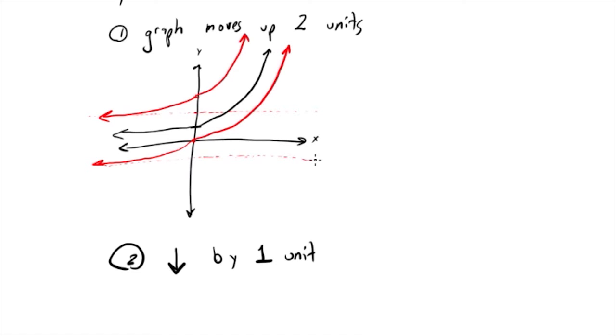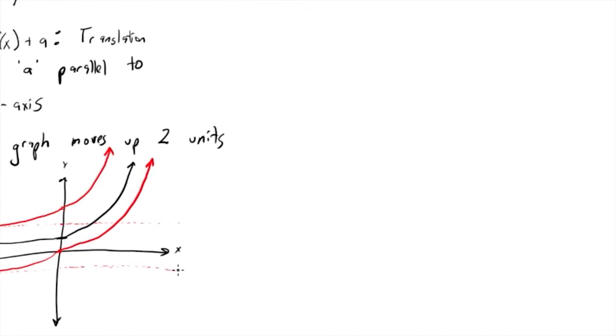So then we have another type of translation in the following 2 formulas. This is where we add or we subtract something to the exponent. So we have y equals 2 to the x minus 2 power. So here you can see that we are subtracting 2 from the value of x. And in case 4, where y equals 2 to the x plus something, we add something to the exponent.